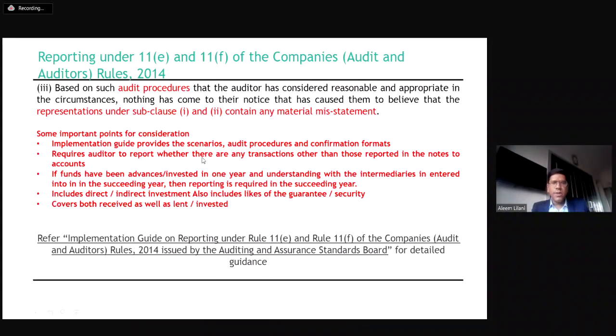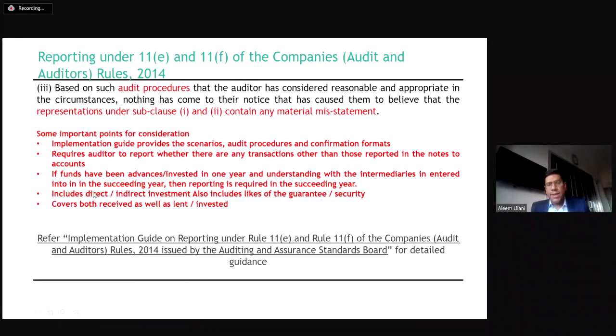They require the auditor to report whether there are any transactions other than those reported in the accounts. If funds have been... so it's a negative way of reporting. So we say that there are no other funds other than those disclosed in Schedule 3, right? Then, like I said, if it's invested in 1 year and utilized in the second year, we need to track and report.